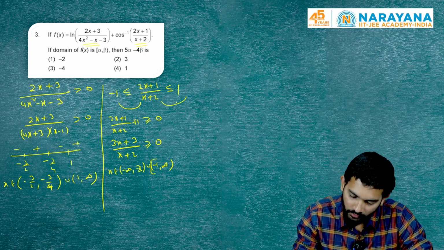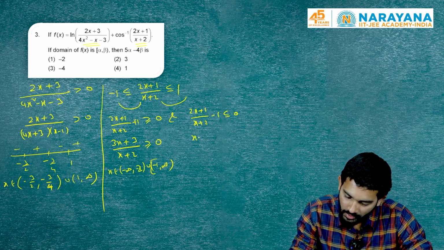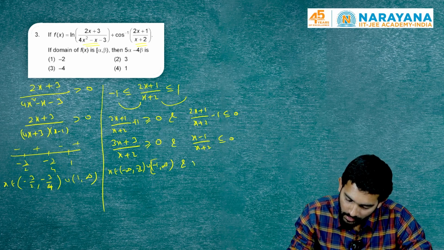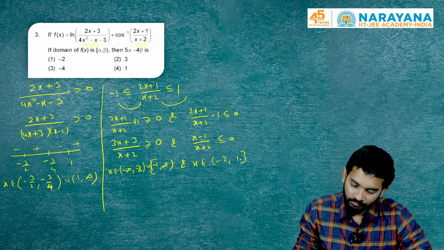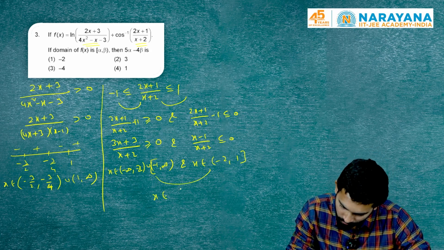And if I solve the other side of the inequality, I'll get (2x plus 1) by (x plus 2) minus 1 less than or equal to 0, which will be (x minus 1) by (x plus 2) less than or equal to 0. And x belongs to minus 2 to 1 closed. So if I take the intersection of these two, I'll get x belongs to minus 1 to 1.